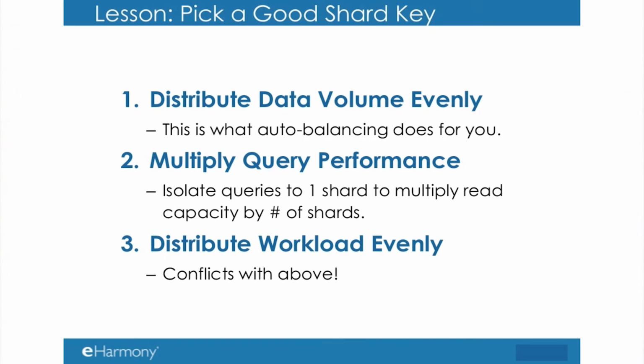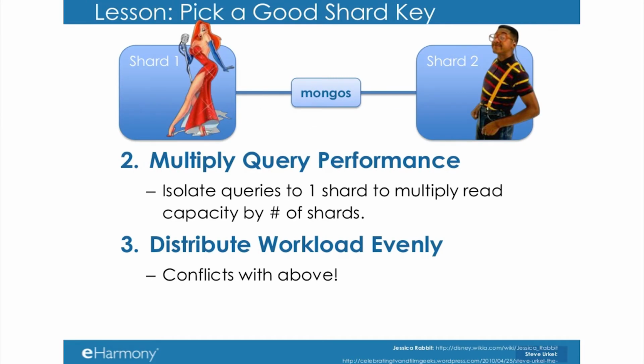Finally, you want to be aware of how the workload is distributed across your cluster, especially in the presence of the first two items. And these are kind of in conflict. One way to think about this: suppose I have a cluster here, and suppose I represent an internet dating site and I have user data in these.